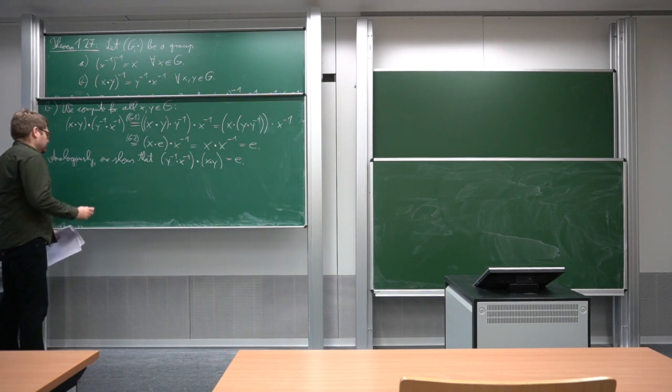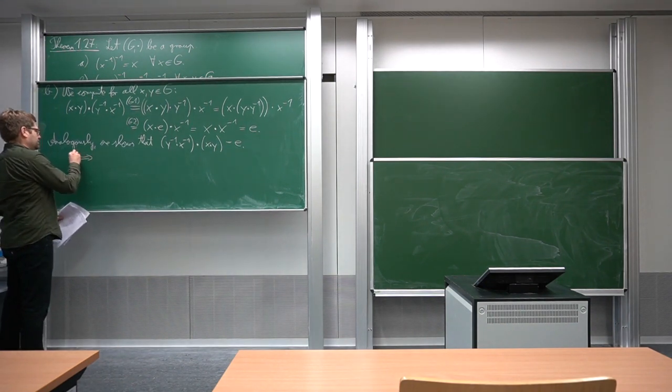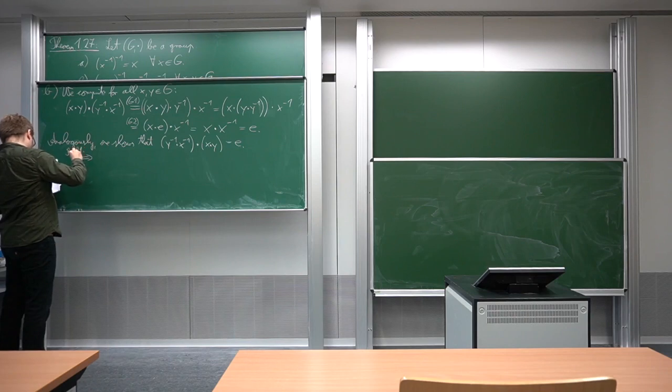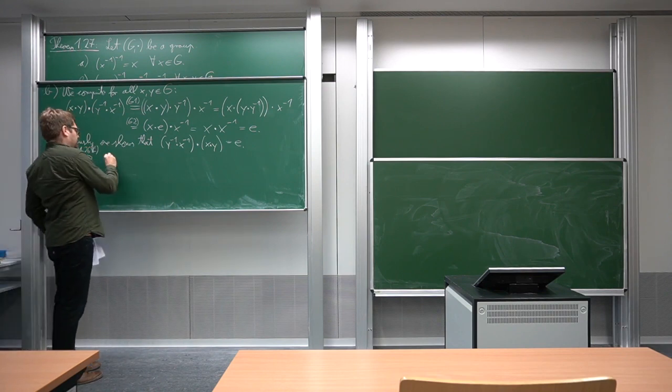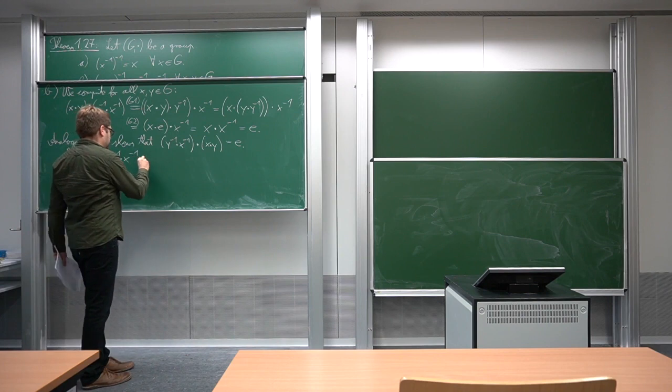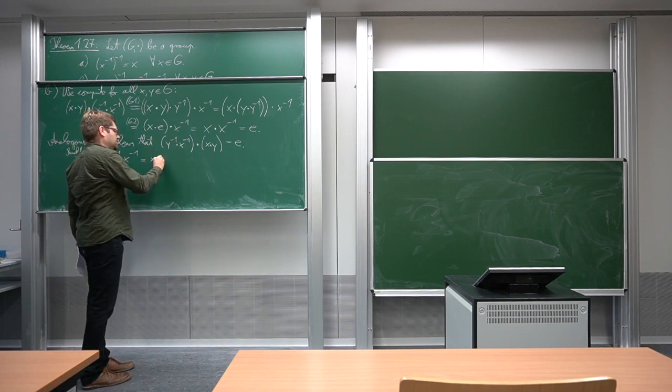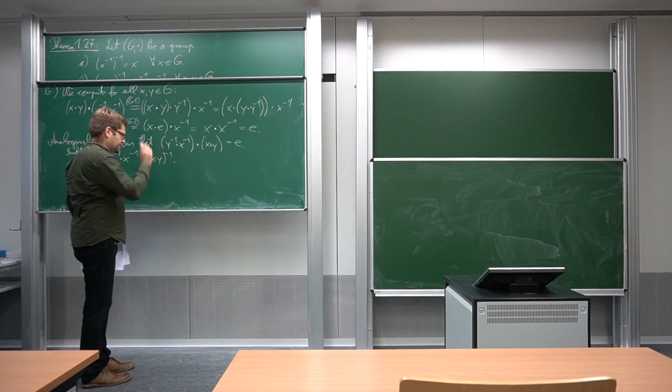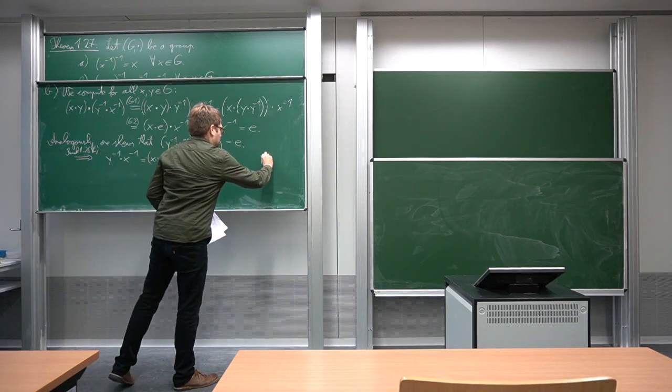So again, we know inverse elements are unique. So this would be again remark 126b. We get the claim that y^-1 dot x^-1 is the same as (x times y)^-1. And this is what we wanted to show.